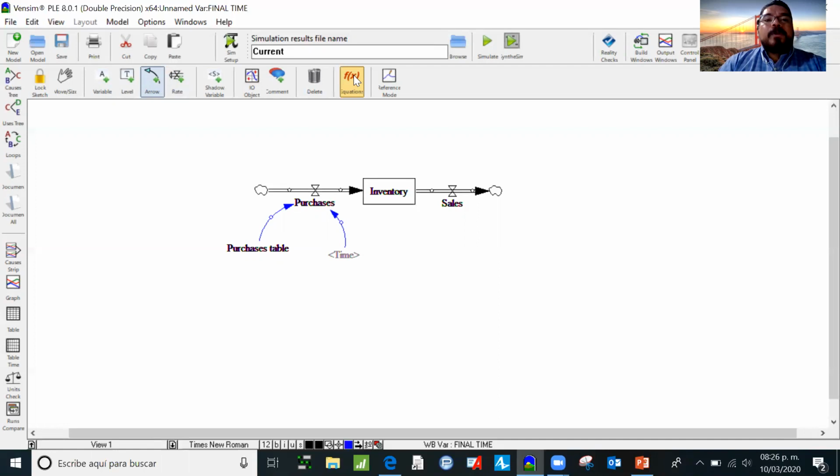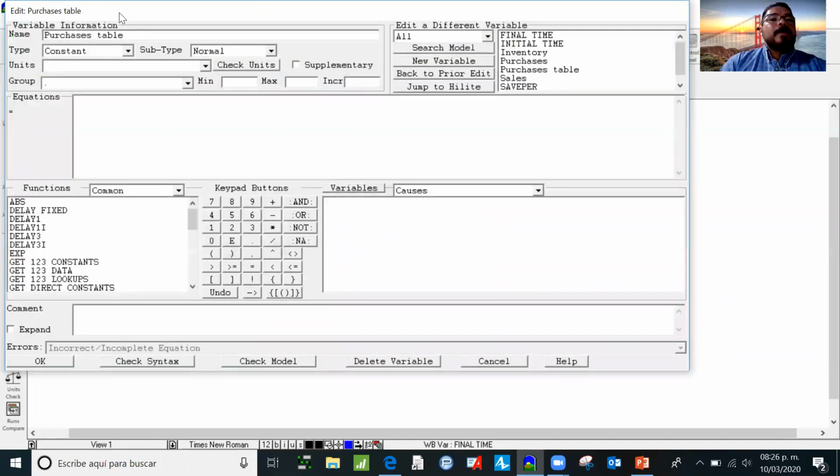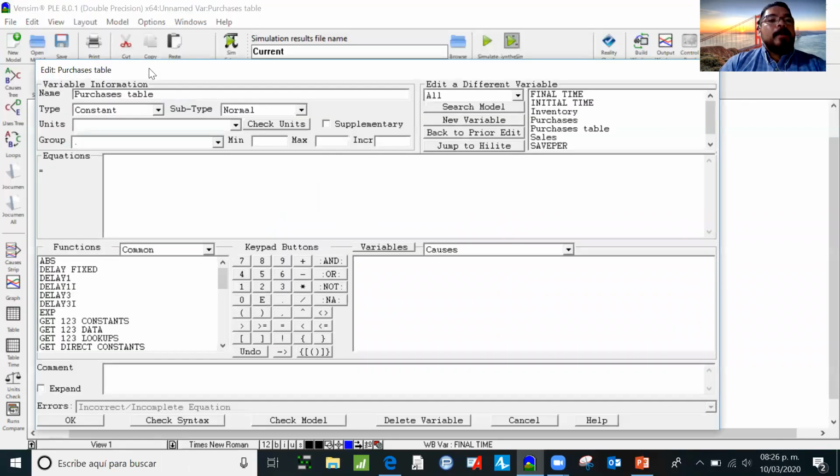So now I'm going to establish the equations for these situations, the purchases situation. First of all, I open my purchases table variable, and in the type of variable, I'm going to choose lookup, and we are going to define it as a graph.